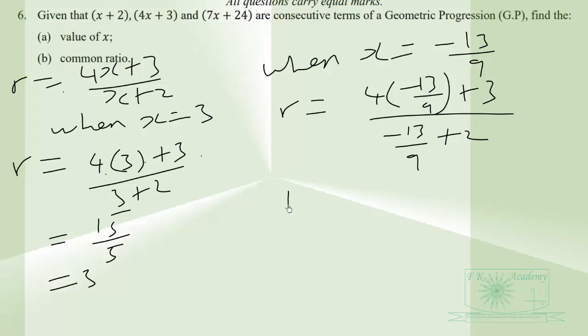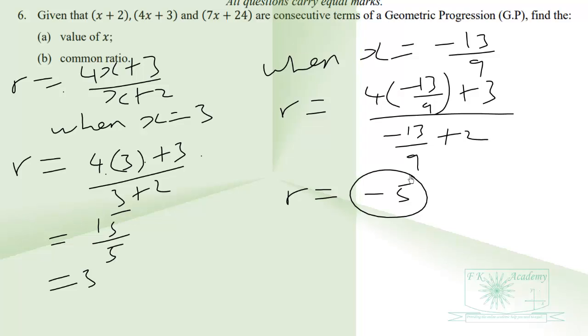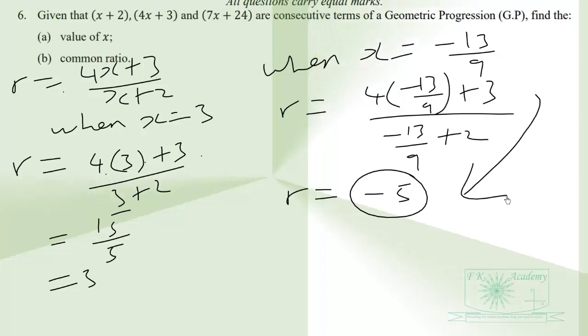And when we simplify this, we are going to get r to be equal to negative 5. So I'm leaving out that one for you to work out, to simplify this to get r equal negative 5.